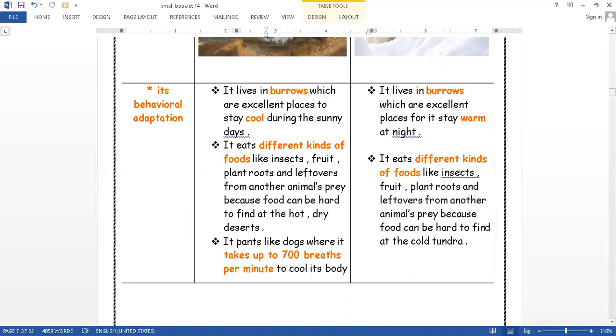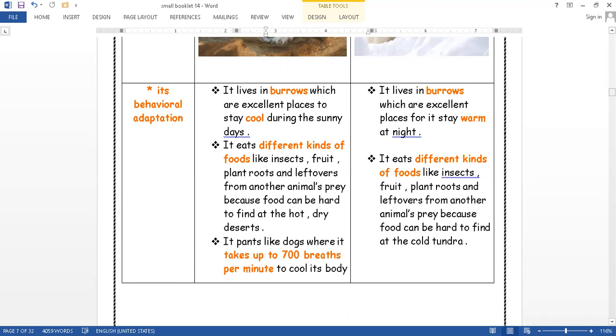Why? In case of the fennec fox, just to feel cool or to escape from the sunlight. But in case of the Arctic fox, it starts to search for burrows to feel warm, to escape from the snow, especially at night.